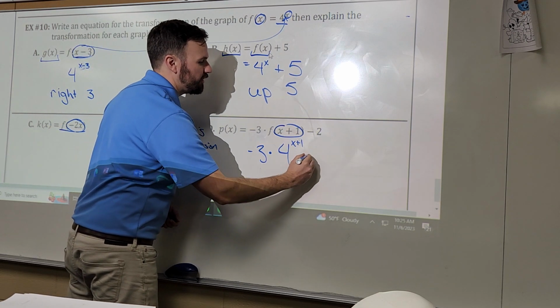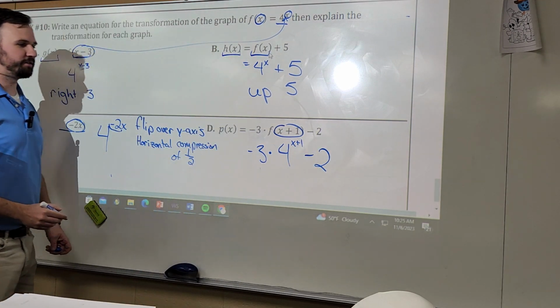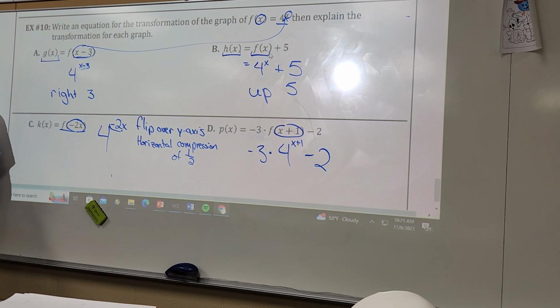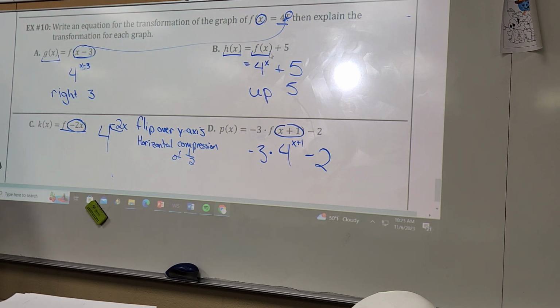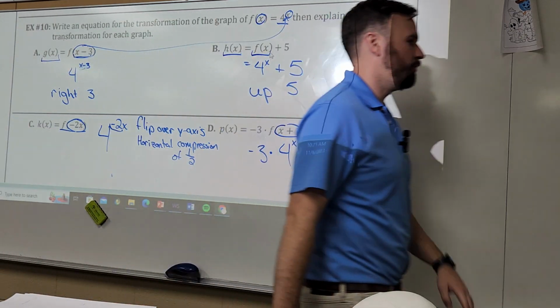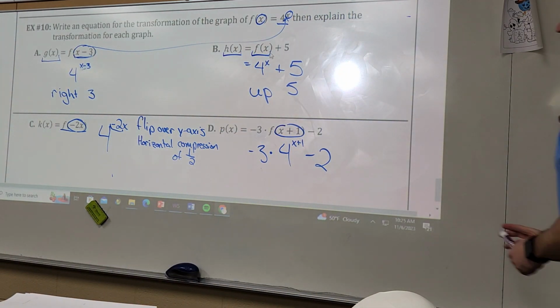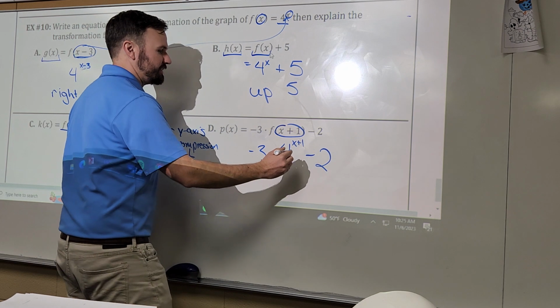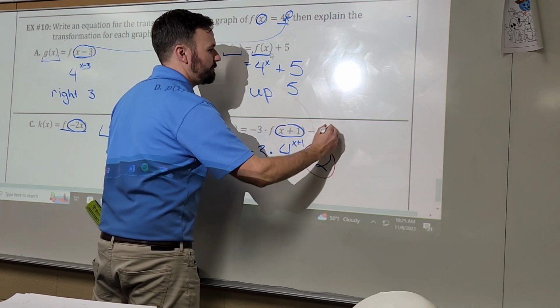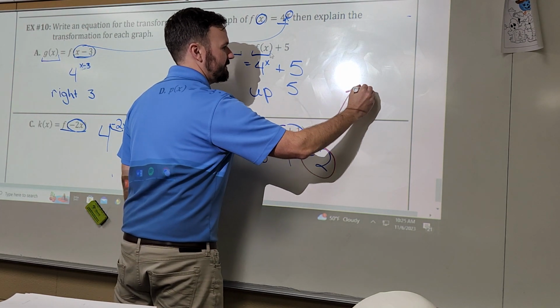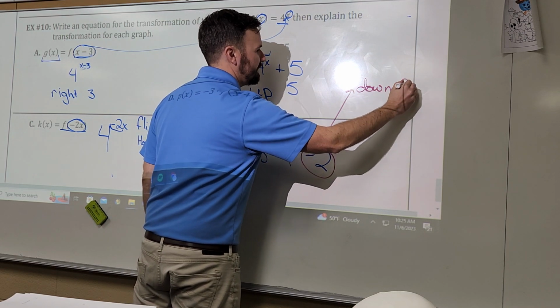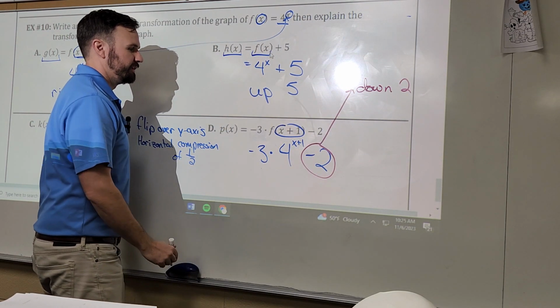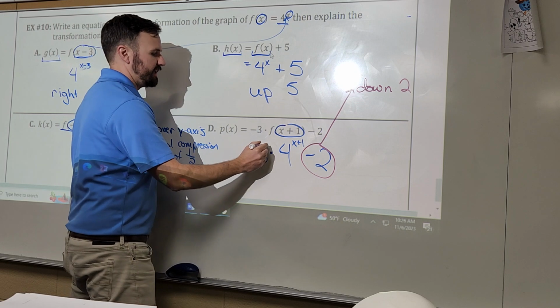And that negative 2 is also outside. How many transformations are occurring? Four. All right, I'm going to start my list over here. What's the minus 2 going to do? Down 2, right? Because it's outside, so it's up, down. I'm going to work outside, inside.